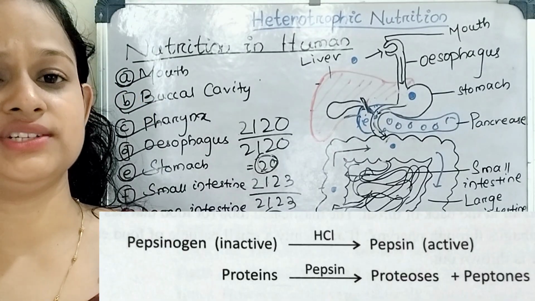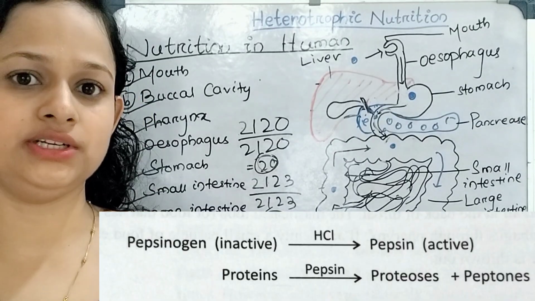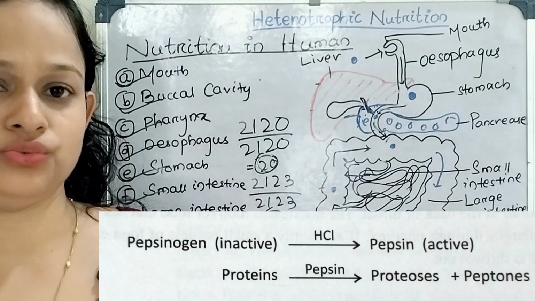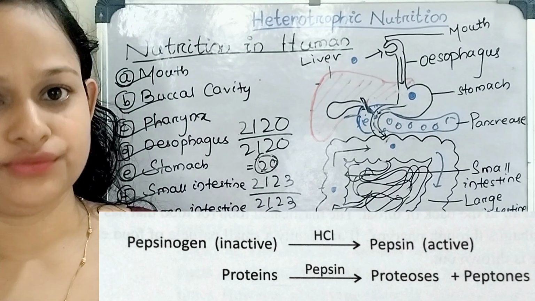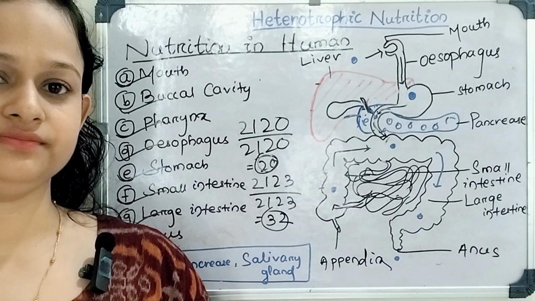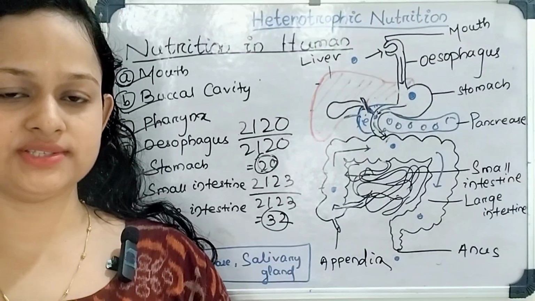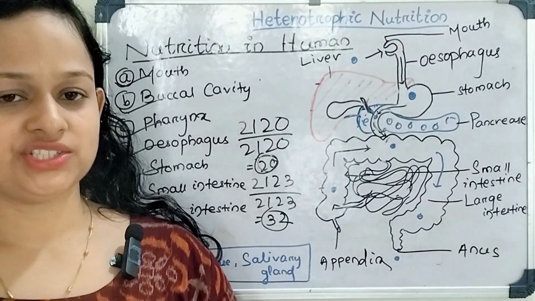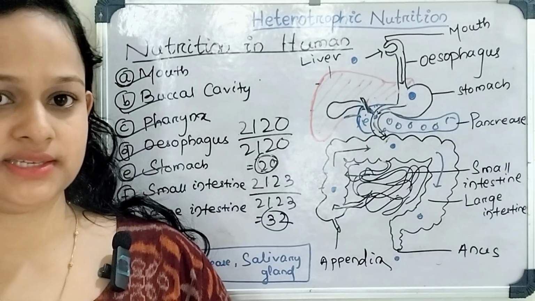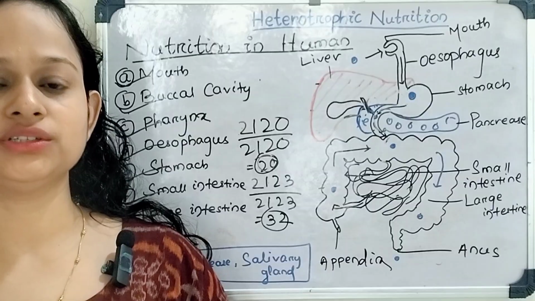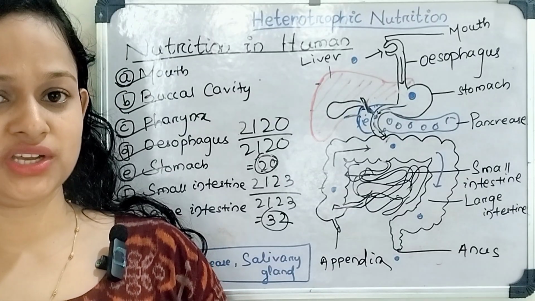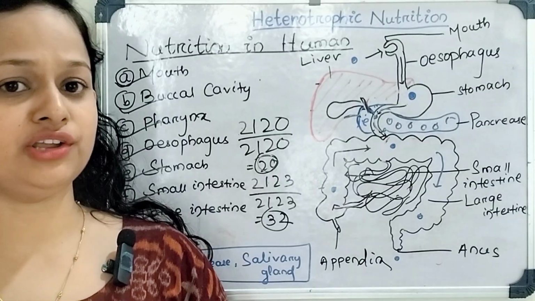Pepsin is secreted in an inactive form, pepsinogen, so it has to be converted into active form by the action of HCl. In the stomach, the food is converted into a partially digested pulpy mass known as chyme, which is very acidic. Then from the stomach, through the pyloric sphincter, it comes to the small intestine in very small amounts.